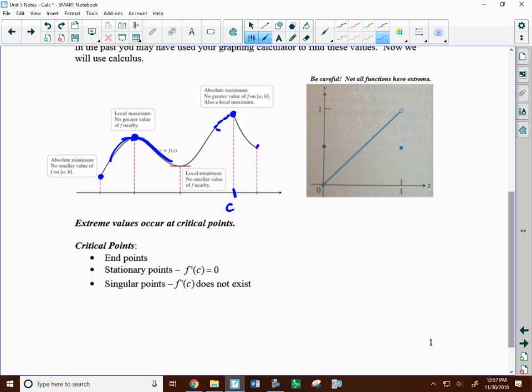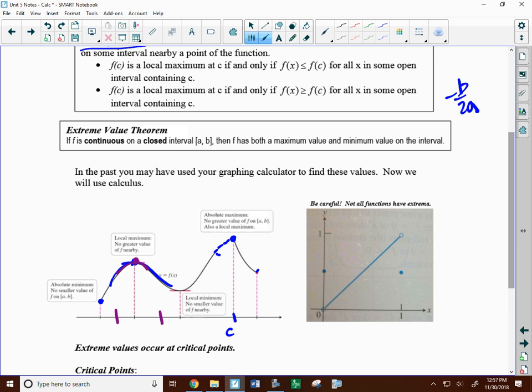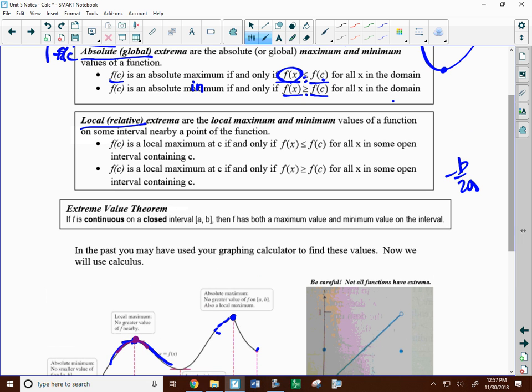Like on this interval from here to here, it's a maximum, just on that interval, but not on the entire domain. So there's a little change in this definition. Instead of in the entire domain, we say on some open interval. So it's the same definition as before, but on some local interval. That's the vocab to start.